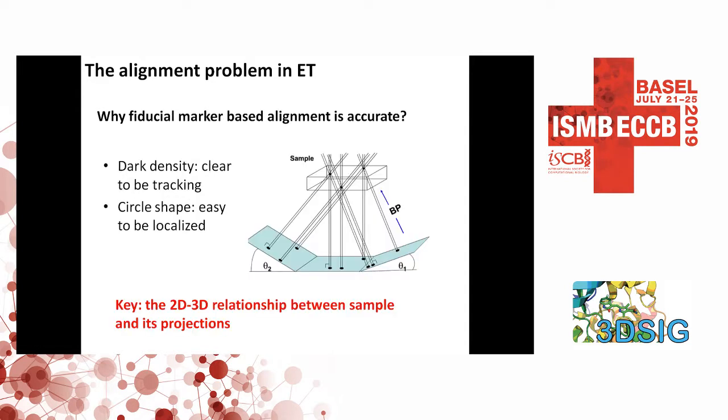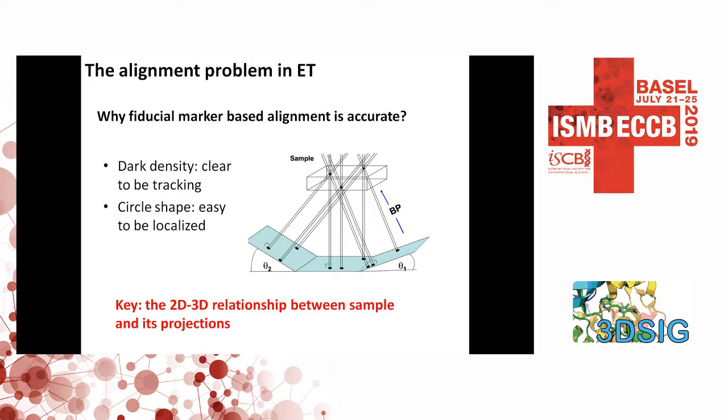Indeed, fiducial marker-based alignment is currently the most accurate solution. Why is it the most accurate one? There are two things. First, we get the gold beads inside the samples. The gold beads have dark density in the projections and also a circular shape.